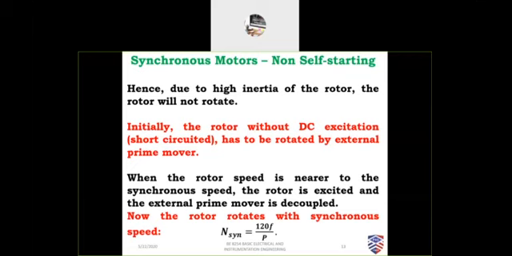So what is the starting method? First we have to start the rotor from an external source driving the shaft. When the rotor is near the synchronous speed, decouple the prime mover and give the DC excitation.